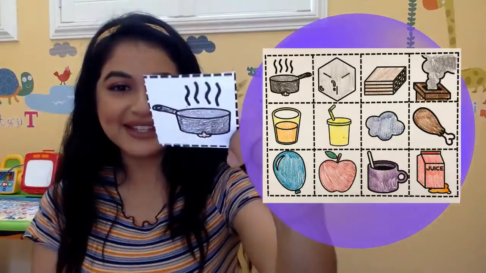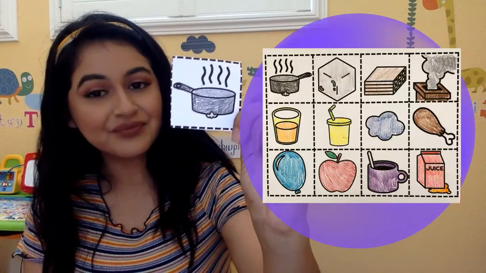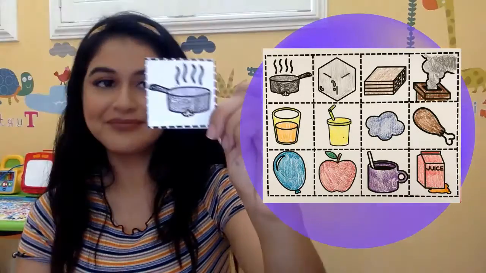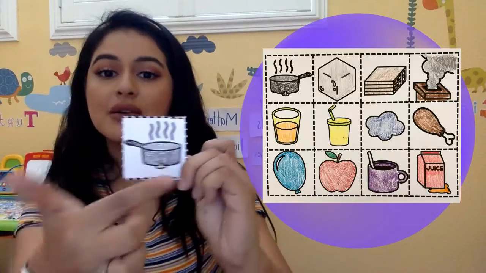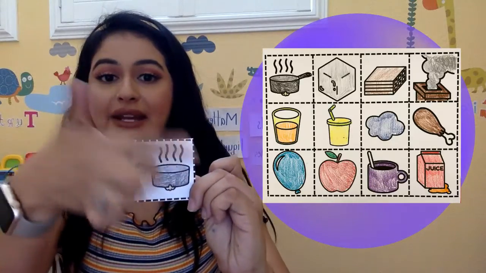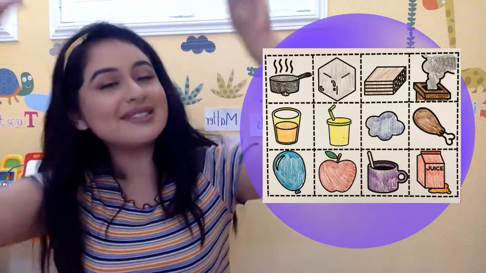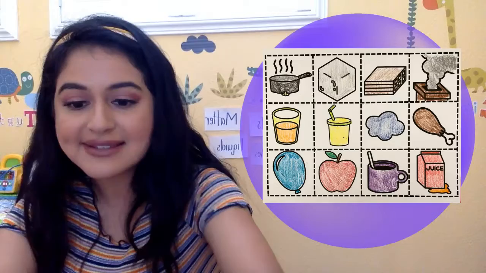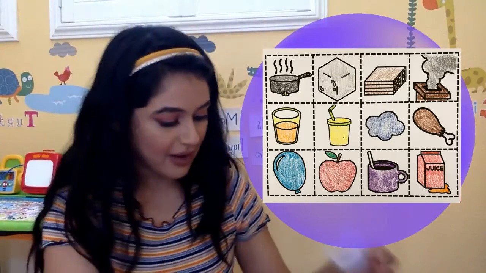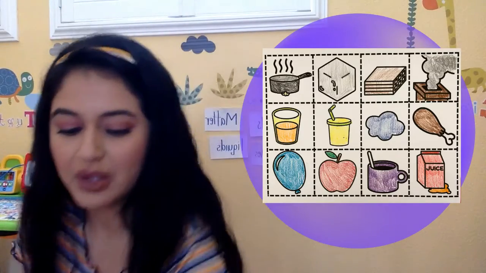Who wants to answer this? What is this again? Yes, Nicholas, go ahead. Yes, so we're focusing on the steam right here. So it's a pot with steam. What do you guys think steam is? It's up in the air. Great, yes, it's a part of the gas. Let's go ahead and glue that onto the gas. What about this?